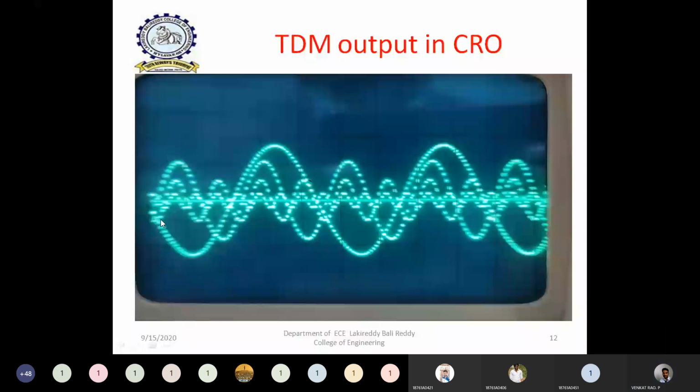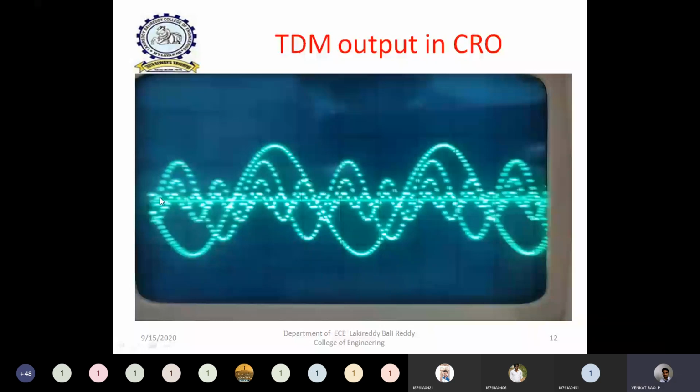Now, if it is asked to find the time interval between two successive samples in the TDM output, if you carefully observe this waveform, at each and every time instance, one sample from one of the four input signals is coming.